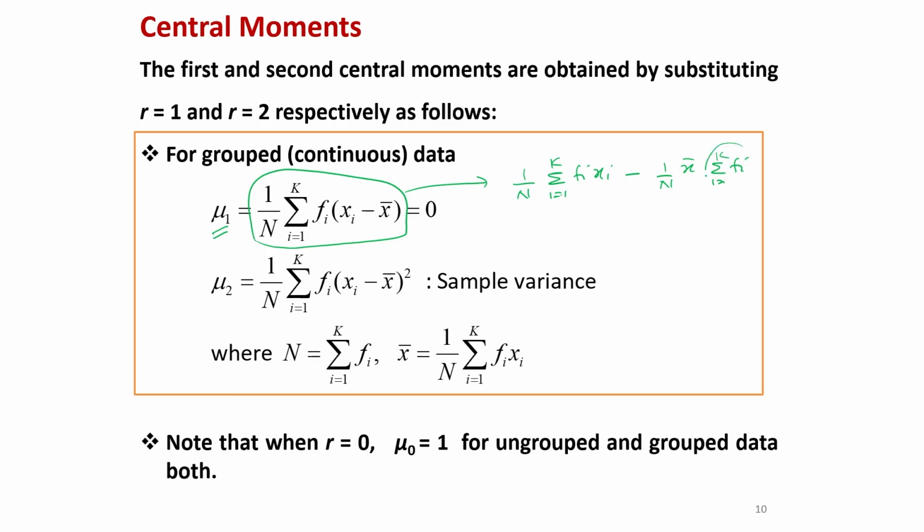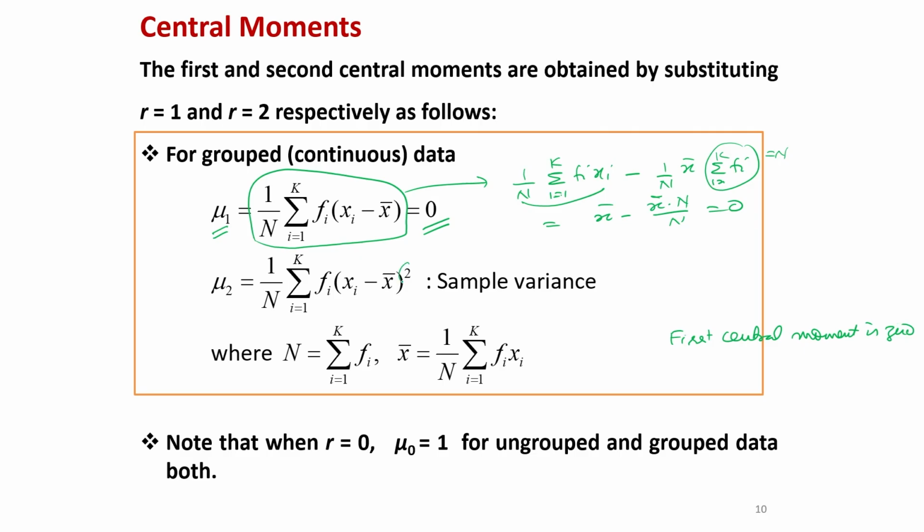So, summation fi is nothing but your n. So, I can write down here, this is your x bar minus x bar into n upon n. So, this becomes 0. So, this I am trying to show you here. So, the first central moment in the case of group data is also 0.